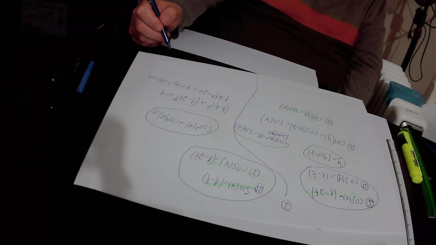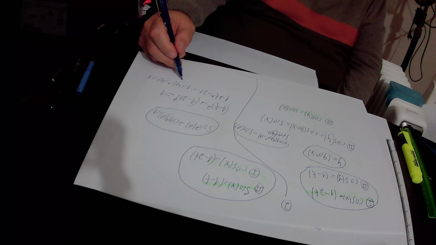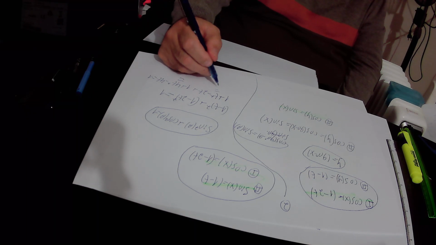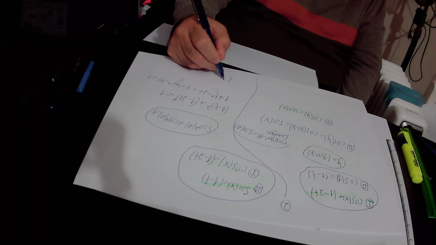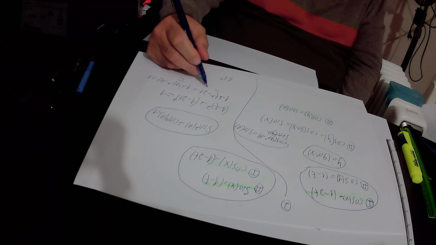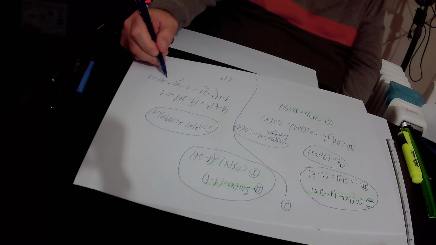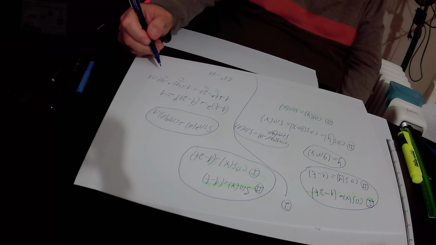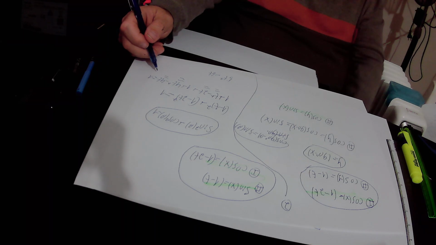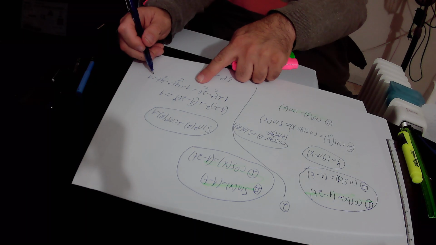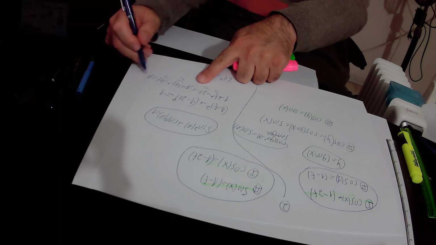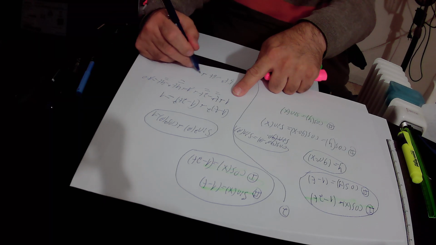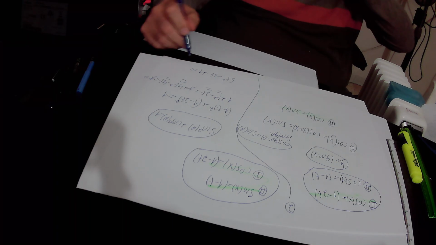So we have here 4t squared plus t squared is 5t squared, and we have minus 2t minus 4t is minus 6t, and here we have 1 on both sides of the equation, so 1 will get cancelled. Here we have 0, and we are left only with plus 1 equals 0.